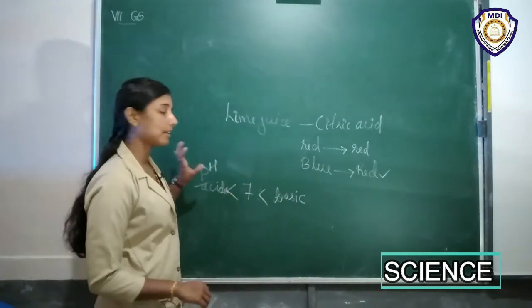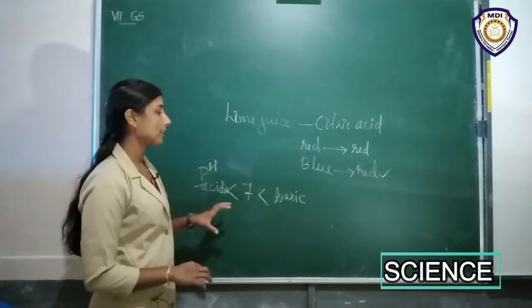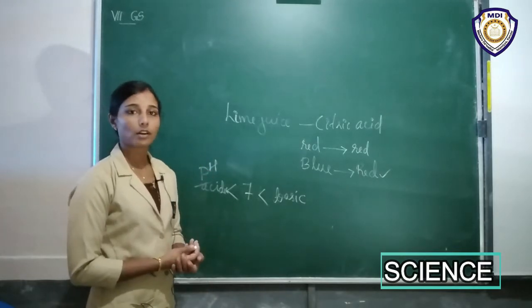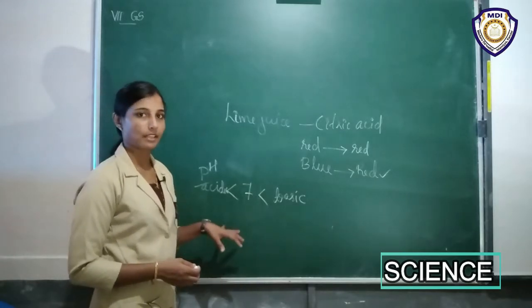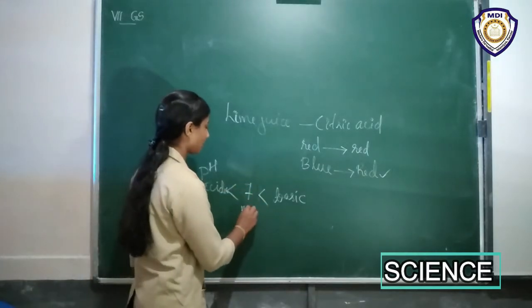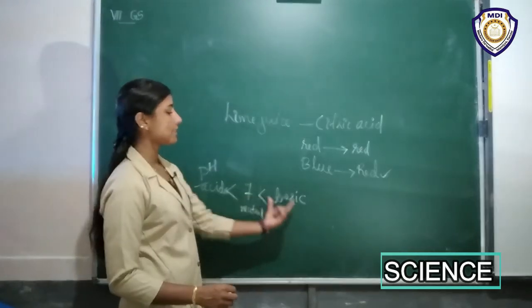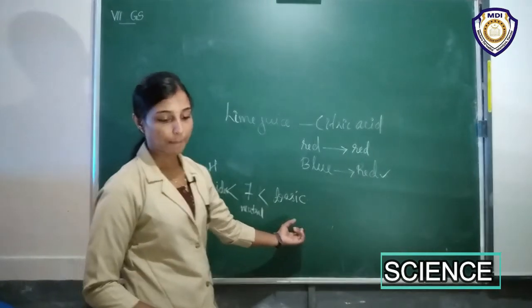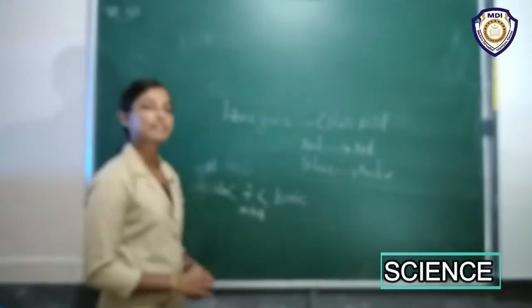It is a well-defined measure to identify whether a solution is basic or acidic. So a neutral solution has a pH of 7, greater than 7 means it is basic in nature, and less than 7 means it is acidic in nature.